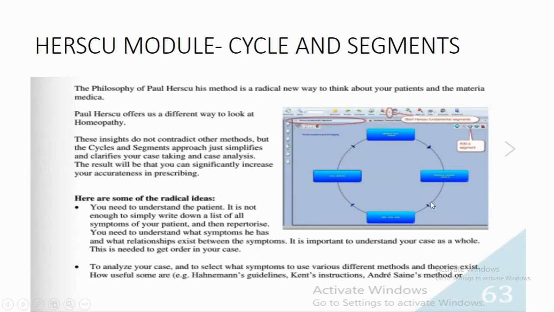Before starting, I would like to share some of the radical ideas of Dr. Herscu. According to Dr. Herscu, you need to understand the patient. Most of the time what we do is jot down the symptoms of the patient and then repertorize.